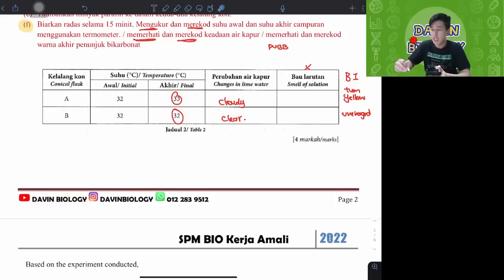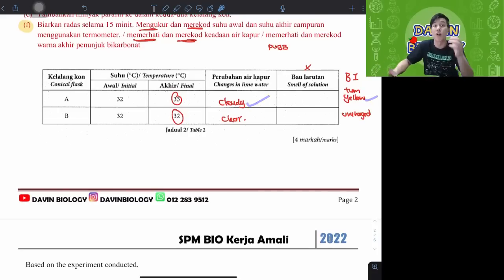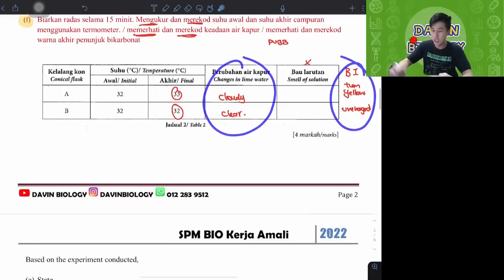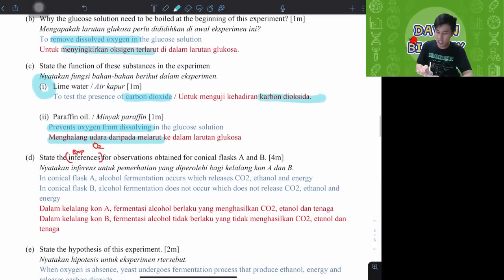All you have to explain is that this one turned cloudy, this one turned yellow, because of fermentation. If there is fermentation, of course you release carbon dioxide. It depends on what your responding variable is. If it's these two, we can just say because in A there is alcohol fermentation, releasing CO2. That's the main one. If it's temperature, then you must say energy.